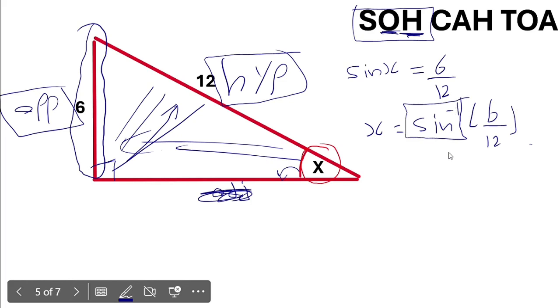We did this because the angle x is the unknown. Now if you want to write sine to the power of -1 in the calculator, we write shift sine. Now x equals, in calculator, shift sine 6 over 12, is 30.